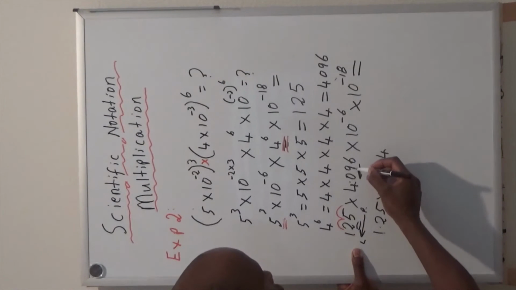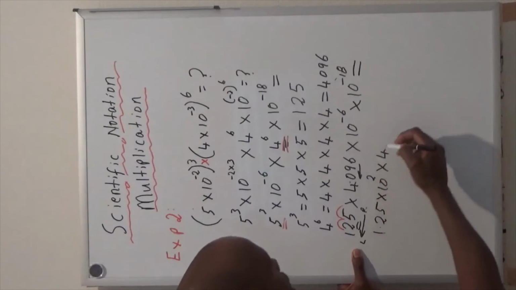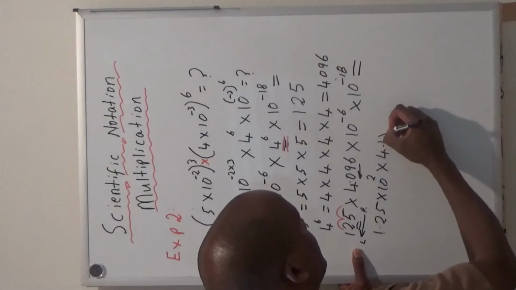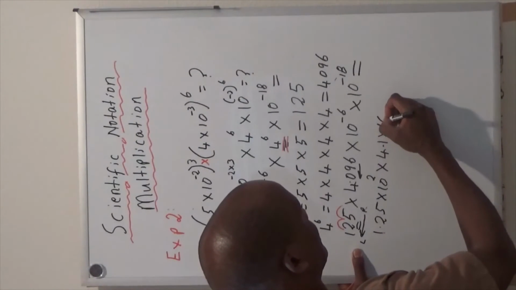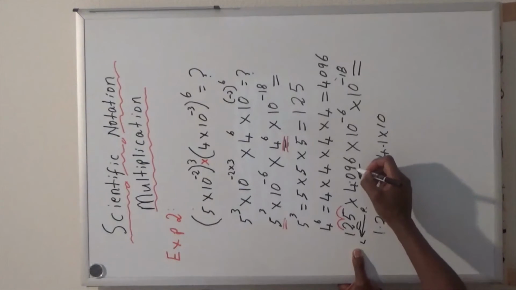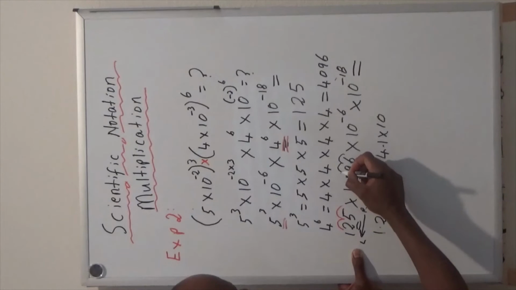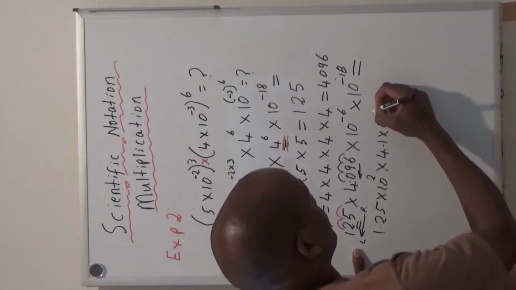But this one now is 9. It's more than 5, so I'll have to make it 1. So this one comes to 0.1 times 10 to the power. How many points did I move? 1, 2, 3, to the power of 3.